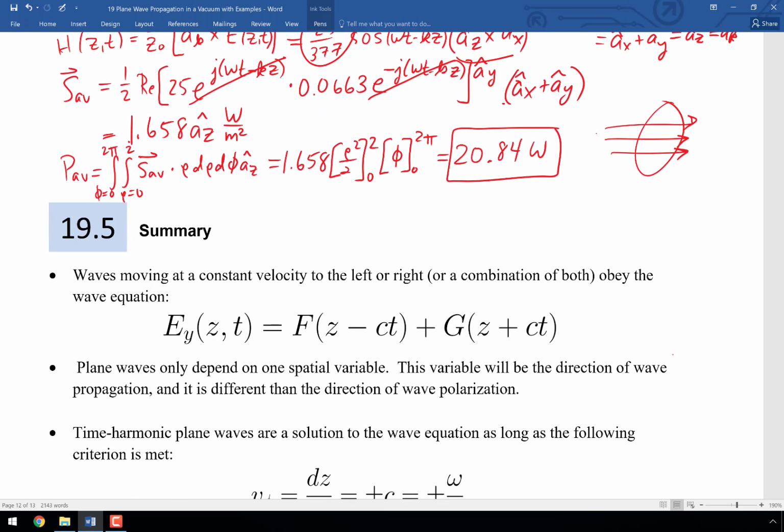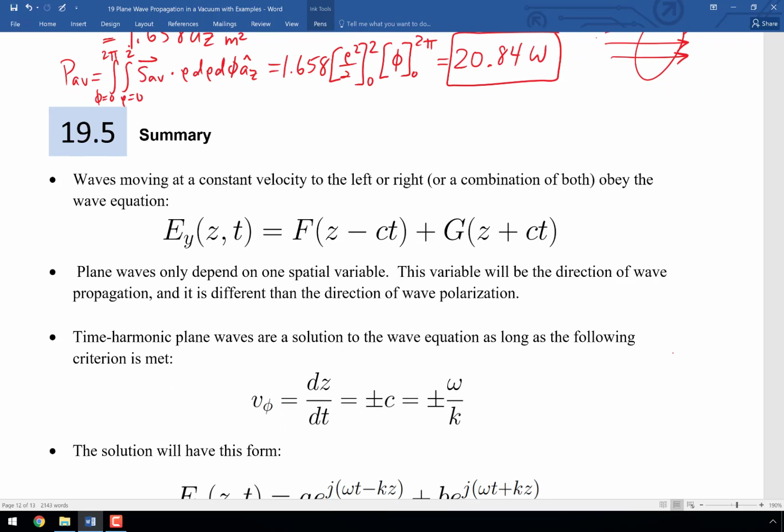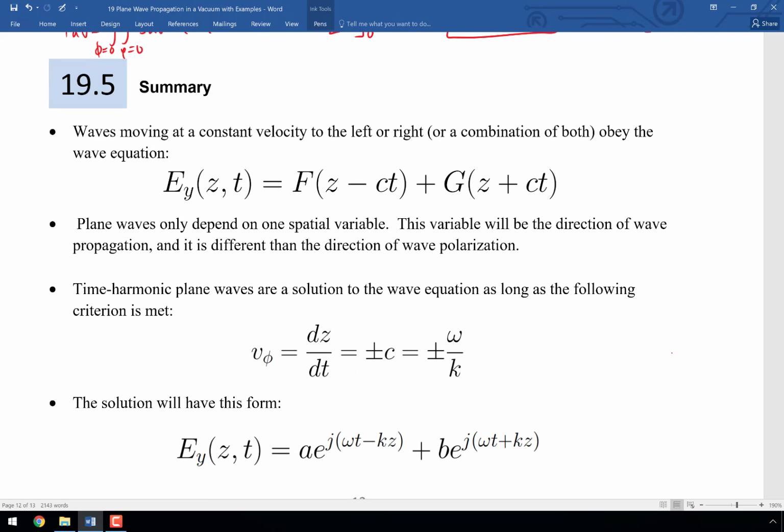We proved the general form of a solution to the wave equation. We proved that a plane wave will depend only on one variable, and that variable will be the direction of wave propagation. It's different than the direction of wave polarization. We saw that time harmonic plane waves are a solution to the wave equation, but only if there's a relationship between c, omega, and k that is followed.